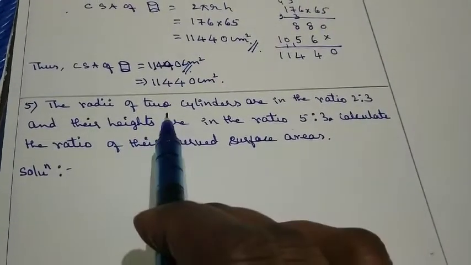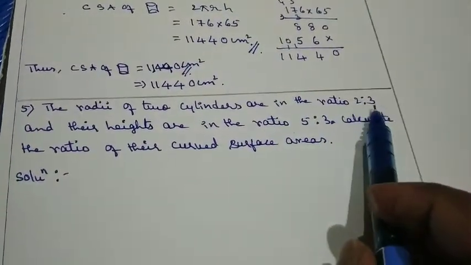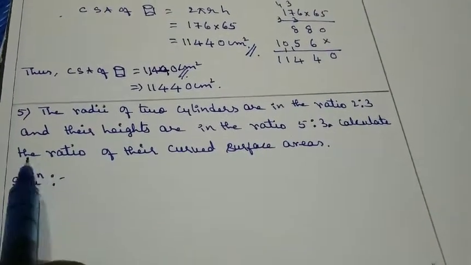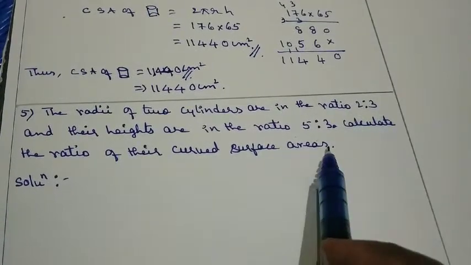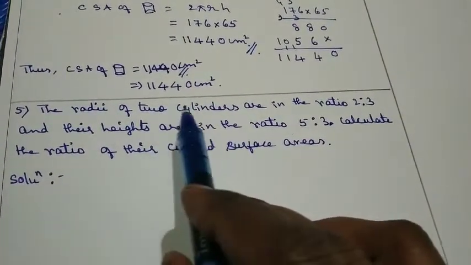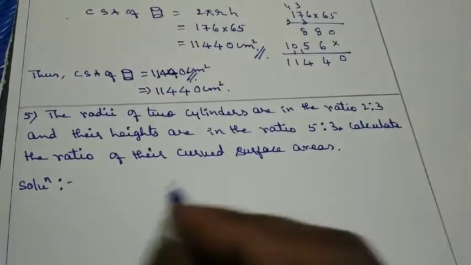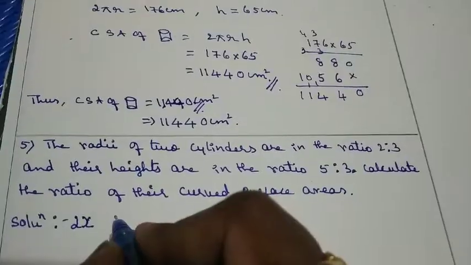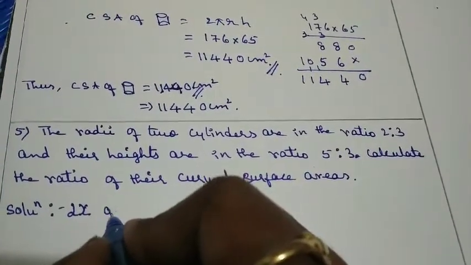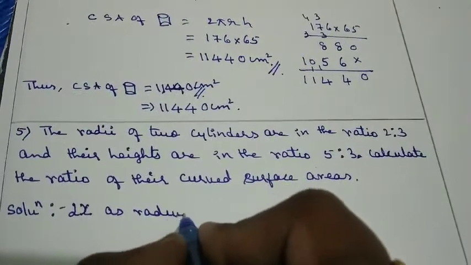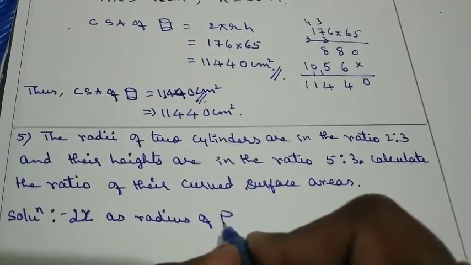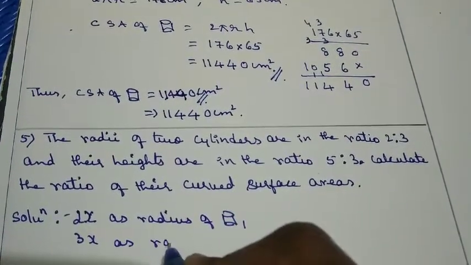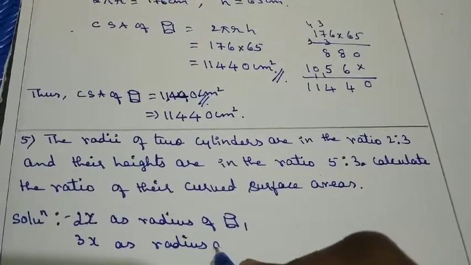The radii of two cylinders are in the ratio 2:3 and their heights are in the ratio 5:3. Calculate the ratio of their curved surface areas. So here two cylinders are given and the radii are given in the ratio. So let me take 2x as radius of cylinder 1 and 3x as radius of cylinder 2.